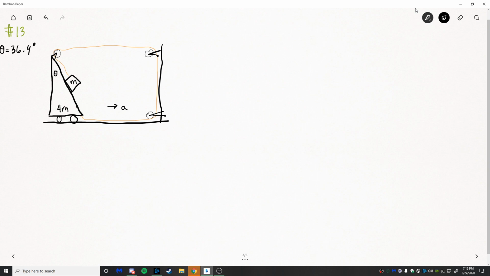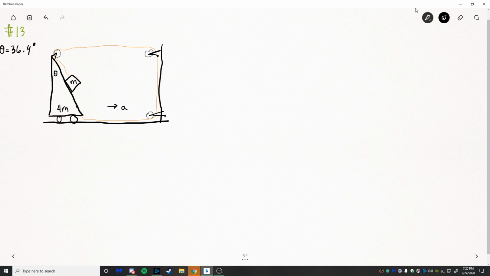You have to figure out how fast this one's going to move, like what the acceleration of the mass m is going to be. And what's going to happen is that this mass is going to move down the ramp some distance, okay? Which means it's going to pull cord, right, from this region here. Like this mass has to pull cord, has to make the length of this cord longer, which is going to require that the cord here and the cord here gets shorter. Hopefully that's something you guys can see.